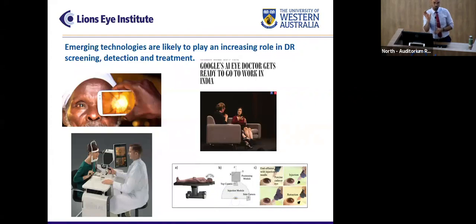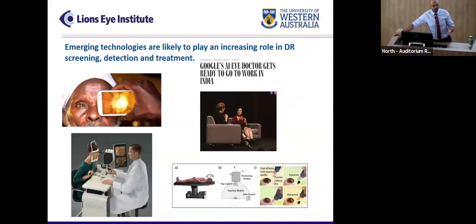So the machine registers all the different anatomy at the back of the eye and won't laser the wrong parts. I haven't used that myself, but it's commercially available. And finally, there's some research work being done at the moment into robotic intravitreal injections, where again the machine does anatomical registering. So if the person moves their head or their eye, it can adjust where it's injecting.